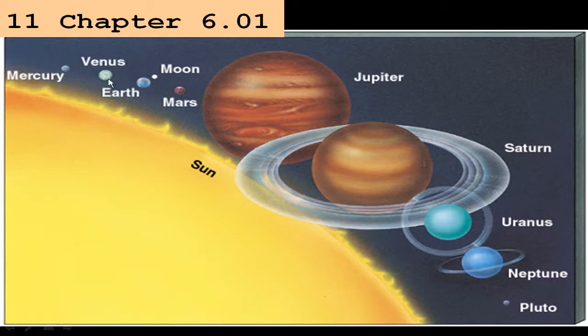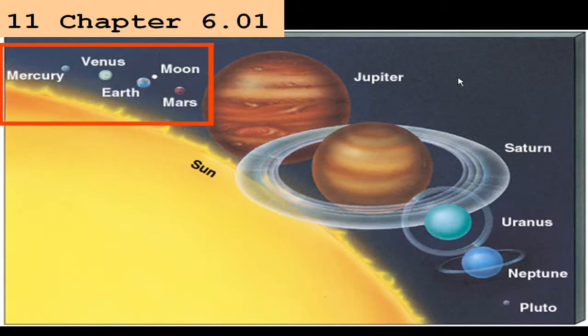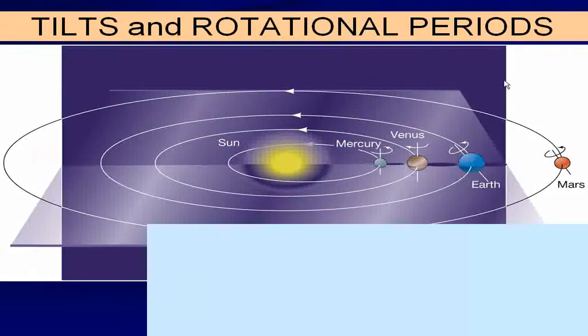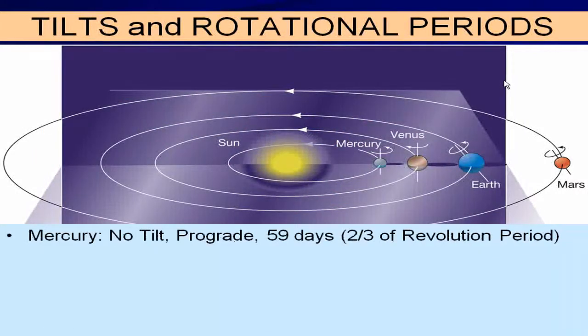Venus in this diagram looks approximately the size of Earth. Well, they're terrestrial planets, and that means they're like Earth, at least in density.